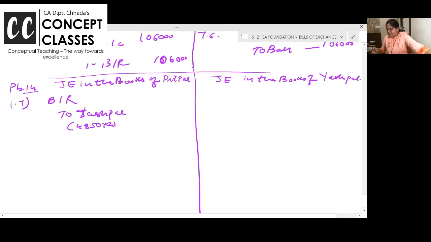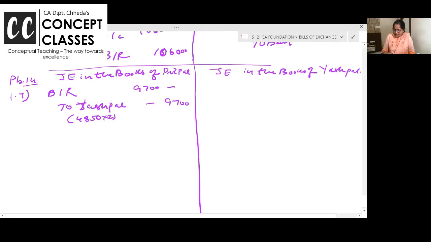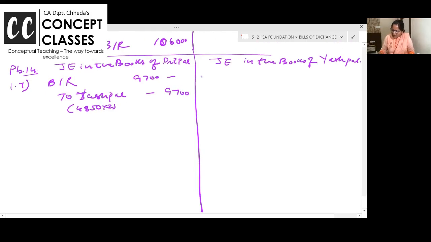How much are you all getting? Look, 4850 into 2 bills drawn, 9,700. In their books also the entry will be the same but on the opposite side. Pritpal account debit to bills payable.